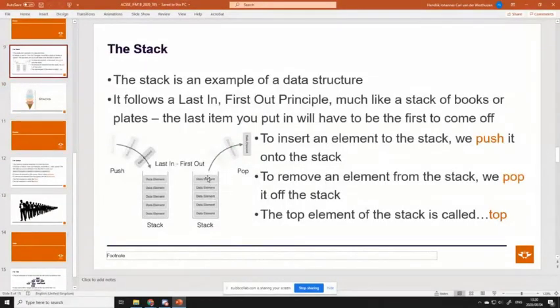Each one of these elements is information. Each one of these can be essentially a class of information, so it can have its own methods, it can have its own instance variables. There's a lot of information you can store inside of these. These are just data structures you would use to make the accessing or storing of them easier.